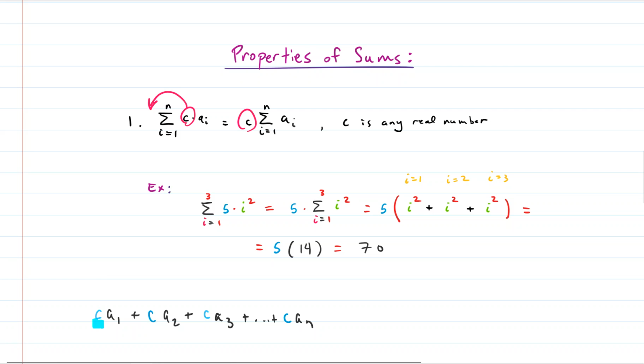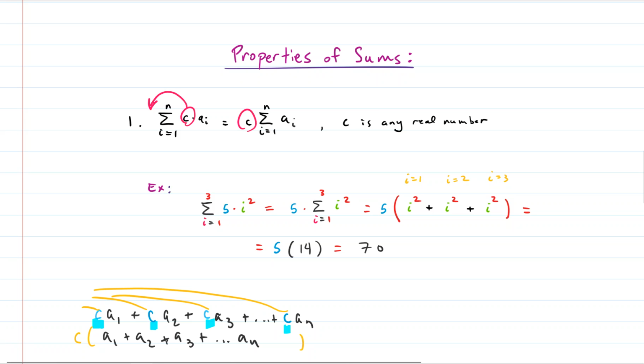Each of these terms has a c, the same c. So I can really just pull that out, right? I can factor that out, and I can say that's c out front, and then I have all of my a sub i's left over, up to a sub n. That's really all this is saying. There's nothing new, it writes it in a very concise way.